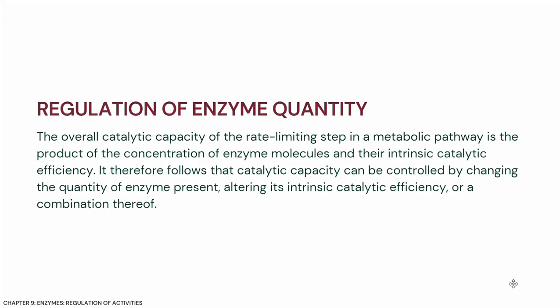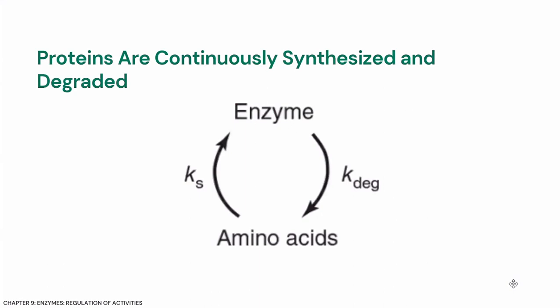So another way is to regulate the quantity of enzymes. No? So that is again brought about by several controls. And one of the effective controls is product inhibition. And then enzymes are continuously synthesized and degraded.